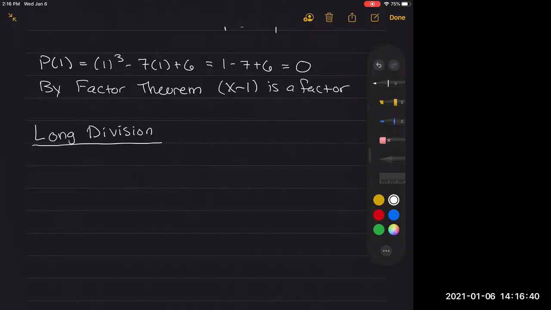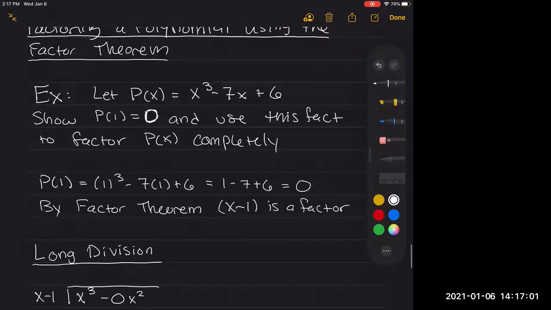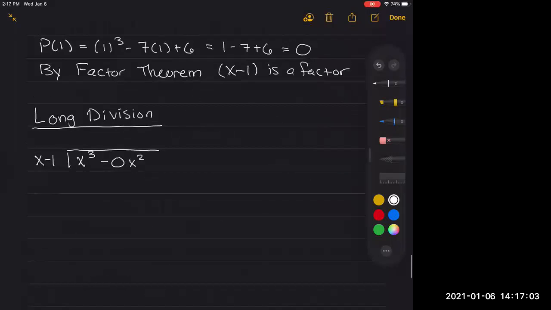So first we have our x minus 1, x cubed, and then we're going to remember our minus 0x squared, because in our initial problem there's no x squared term, minus 7x plus 6.